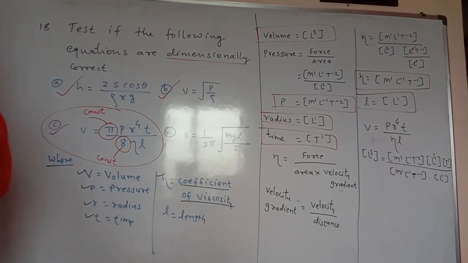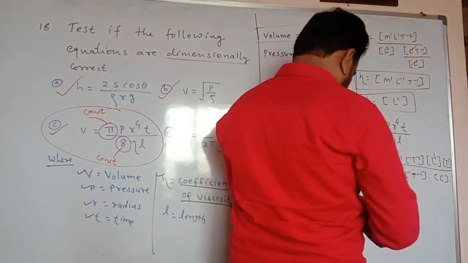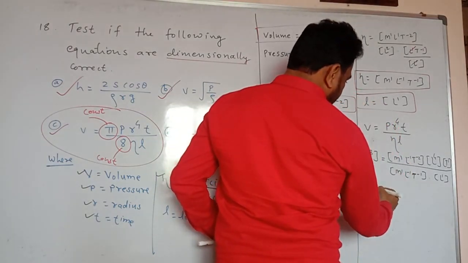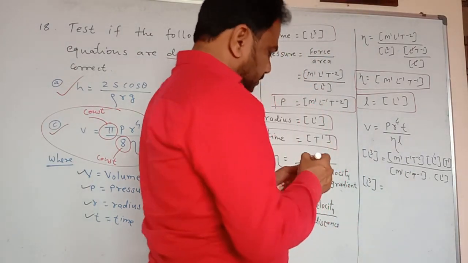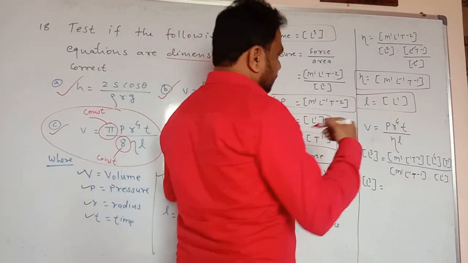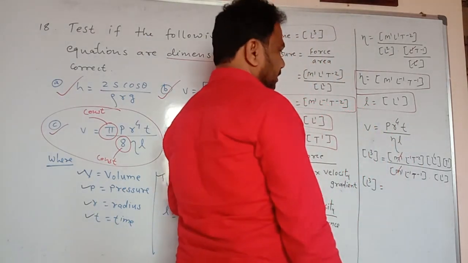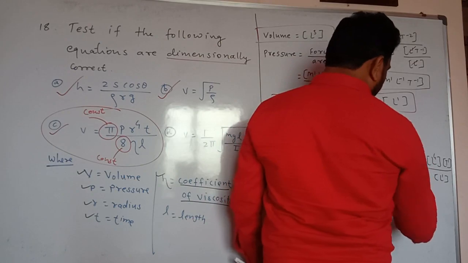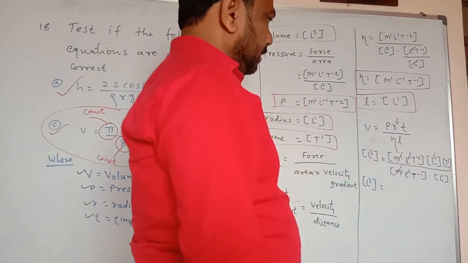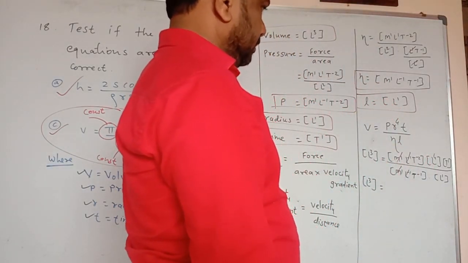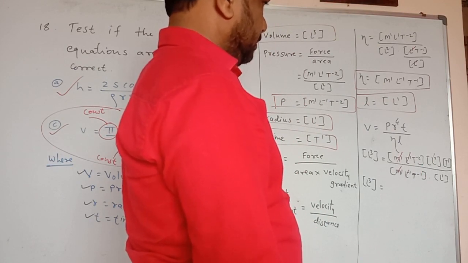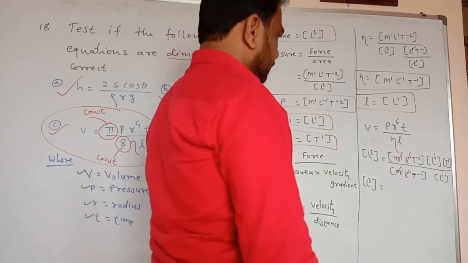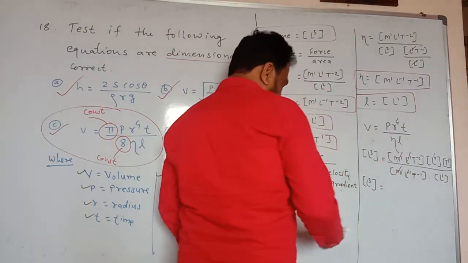Now see how we can calculate this given equation. L3 is equal to, see which terms will be cancelled here. M1 gets cancelled. Then L minus 1 and L minus 1 will get cancelled. Then the remaining terms we can write here.